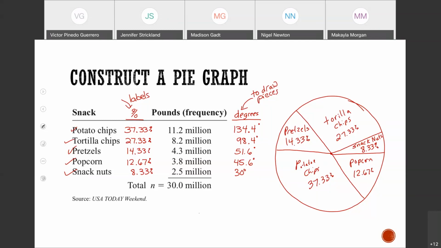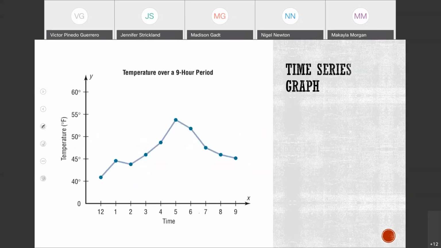All right, so the last one we're gonna do is called a time series graph. Again, just an example picture up there. You don't have to draw that picture, just kind of looking at it. Time series, that's kind of what it sounds like. It has some unit of time.